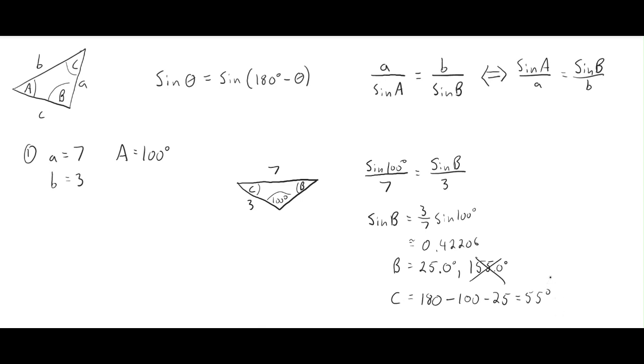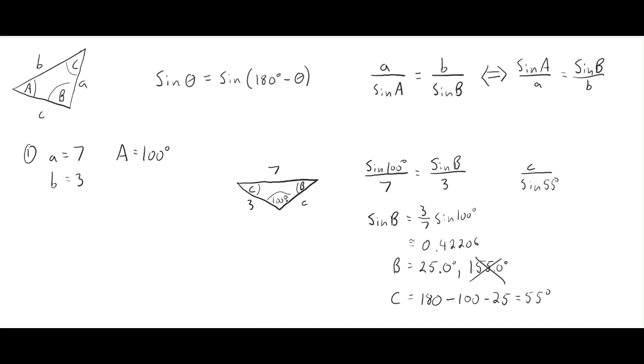So basically we've already figured out that there's one triangle and these are the angles. The last question is, how big is that side C? And you can get that from the law of sines again. So to find that last side C, we can say C over sine 55 degrees. So I took this side length divided by that angle.